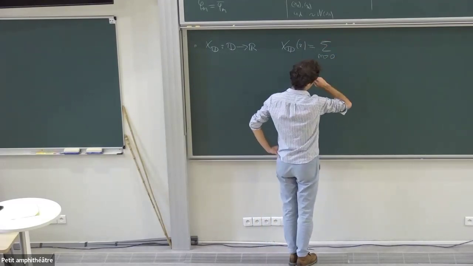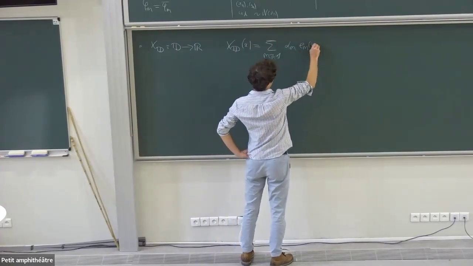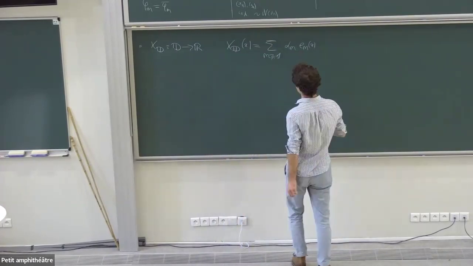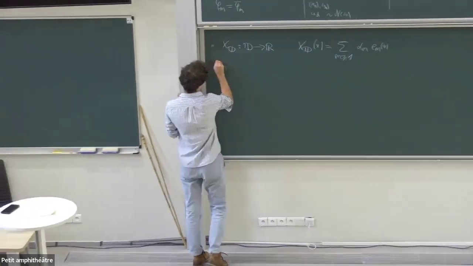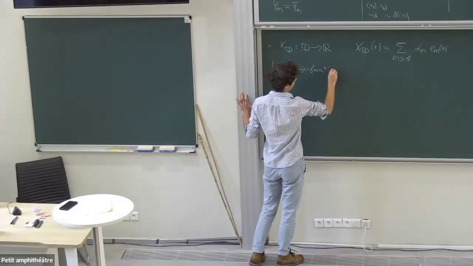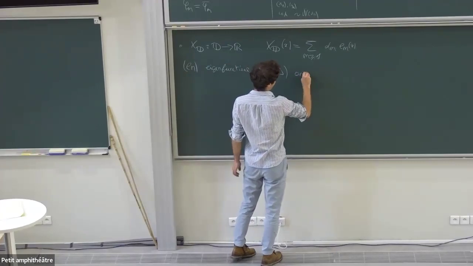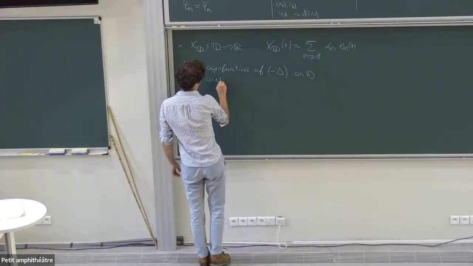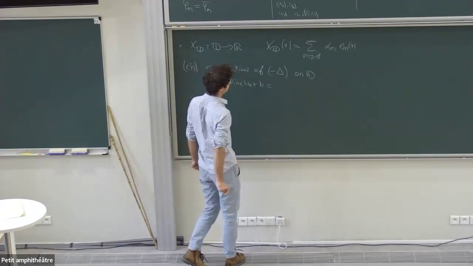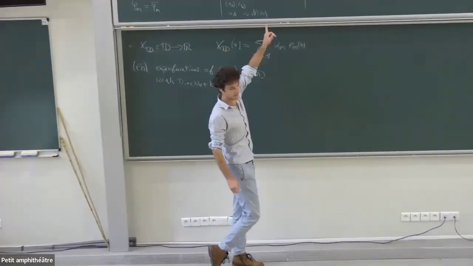By Fourier, I write an expression similar to this, but this time, these e^{inθ} are replaced by this function e_n of x, which are eigenfunctions. And so this is the analog of this e^{inθ}.